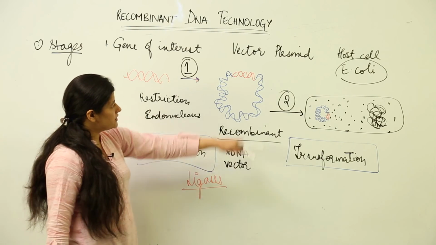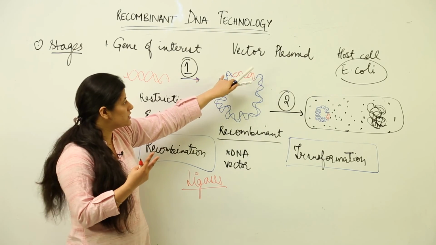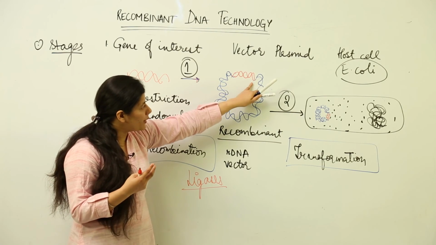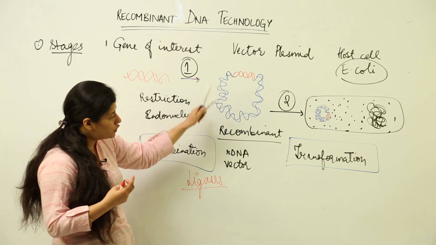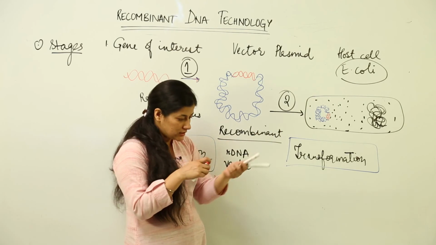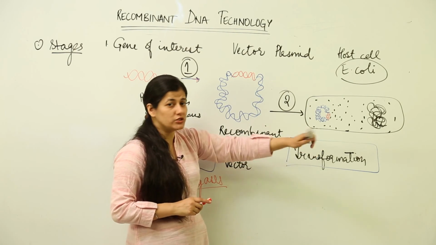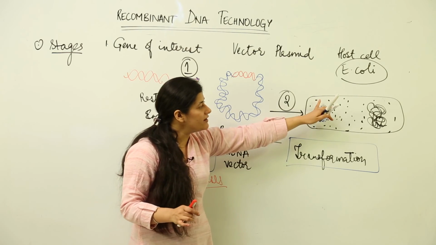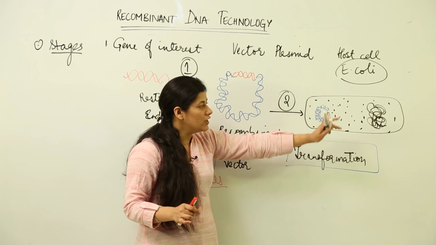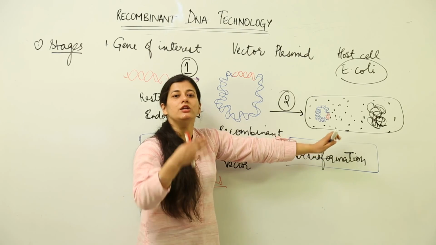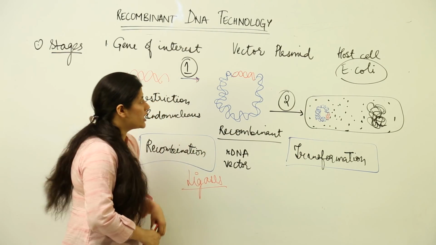These ligases join this alien DNA piece into the vector. Now this vector, using certain enzymes and certain methodologies, is incorporated into the host cell, which earlier did not have a plasmid, and that leads to the process of transformation, resulting in the formation of a transformant.